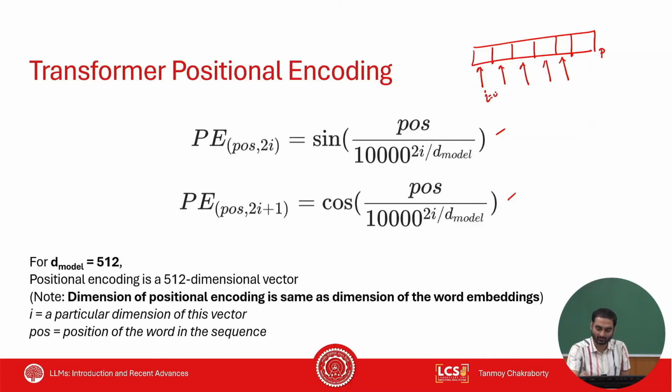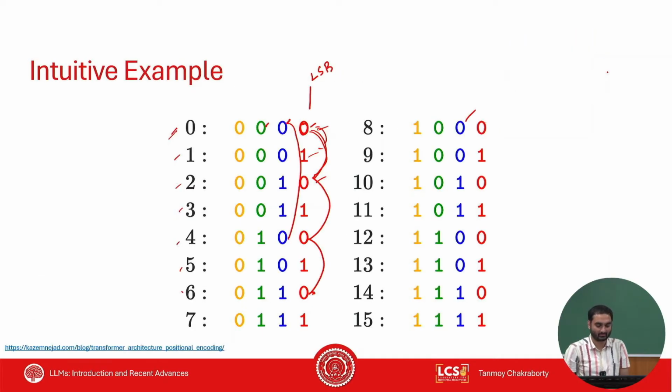So i equals 0, i equals 1, i equals 2 and so on. This is a vector and these are different elements. So instead of using 0, 1, I will use some trick to essentially determine the value of every element in the vector.